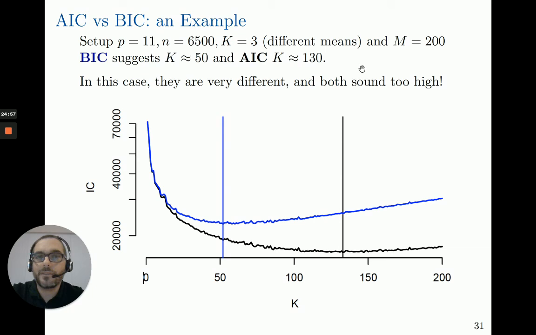They are very different and both sound too high. The truth is that we just have 3 clusters, so beware. It's not easy. As I mentioned before, sometimes it's better to use intuition, what you expect, and interpretability, because determining the number of clusters is not something that's easy.